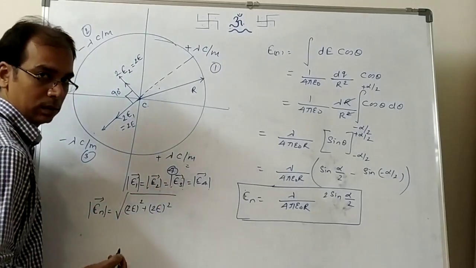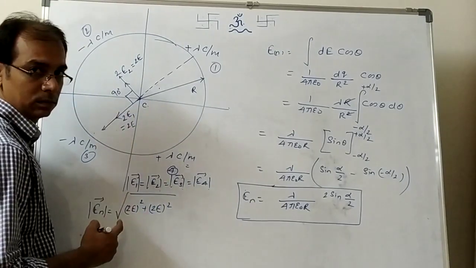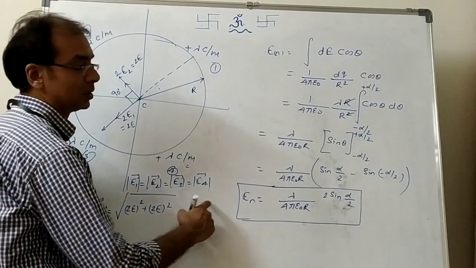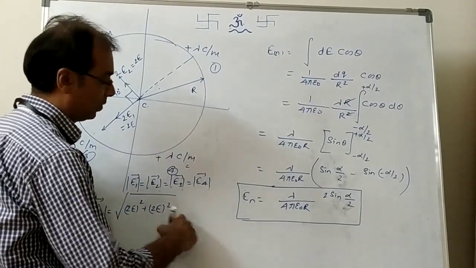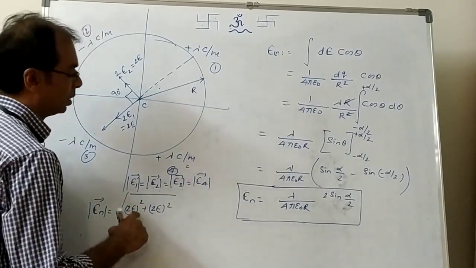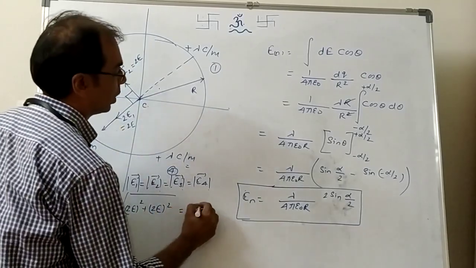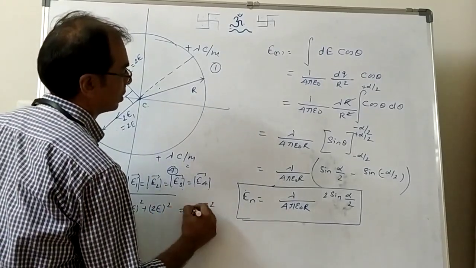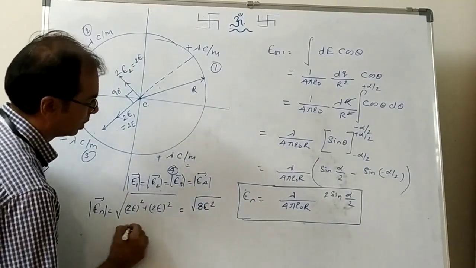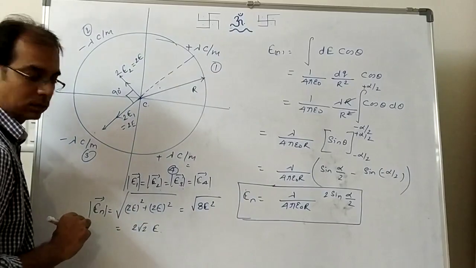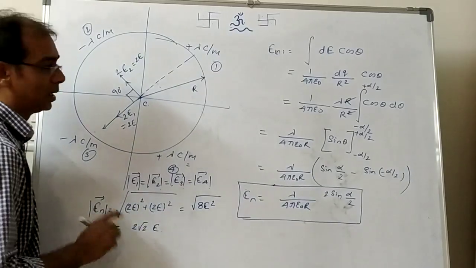That's all, because they are perpendicular, since a square plus b square plus 2ab cos 90 is 0, so that factor we are not writing. So 4E square plus 4E square, that means 8E square. So we get 2 root 2 E. That's the net.